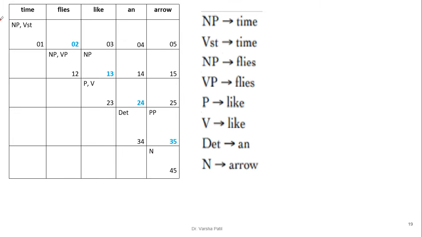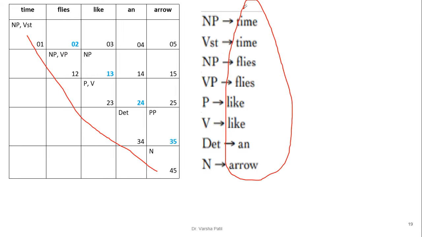Next we will create a matrix and fill the diagonal cells by seeing the rules in which the right hand side has only terminal symbols. As two combinations are there, it is likely that there are different parse trees.